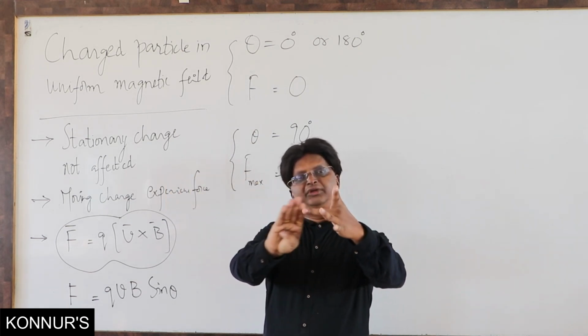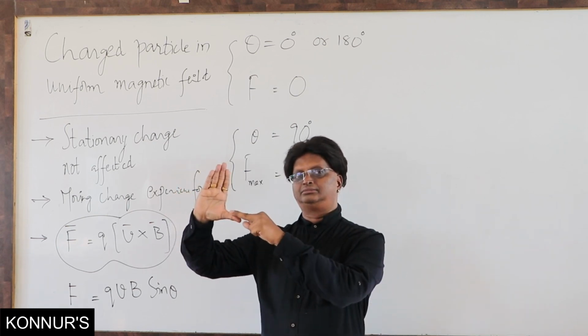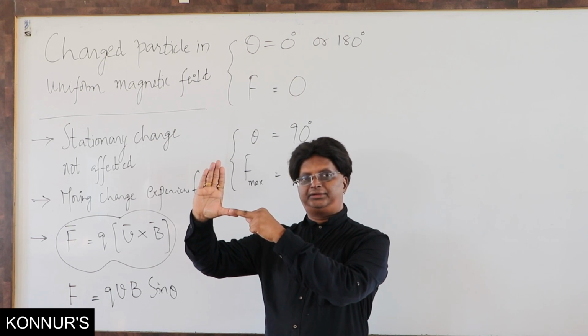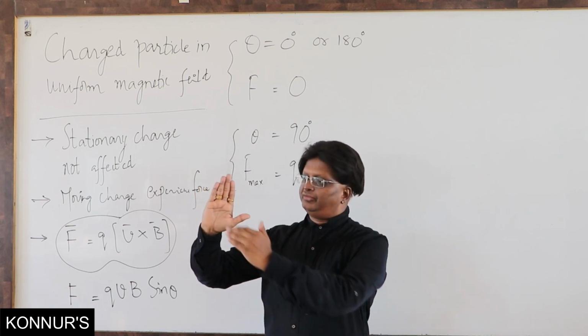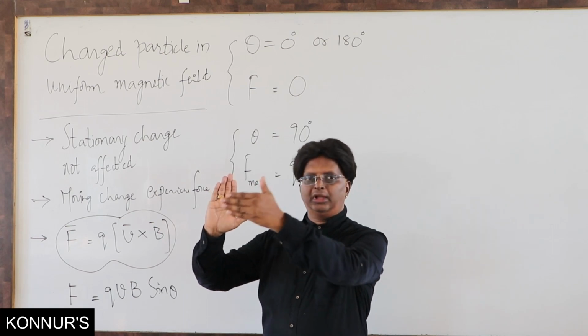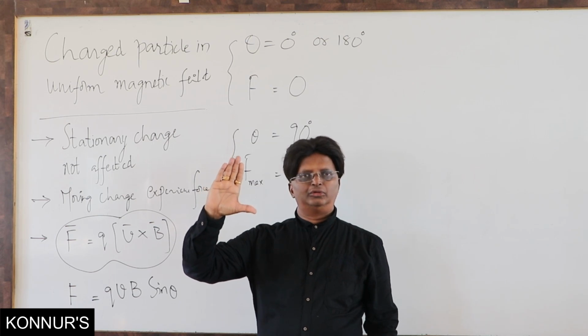Earlier we said the central finger represents the direction of current. Here I will take the thumb in the direction of current, that is the direction in which a positive charge moves. Then the normal drawn to the palm represents the direction of magnetic force.